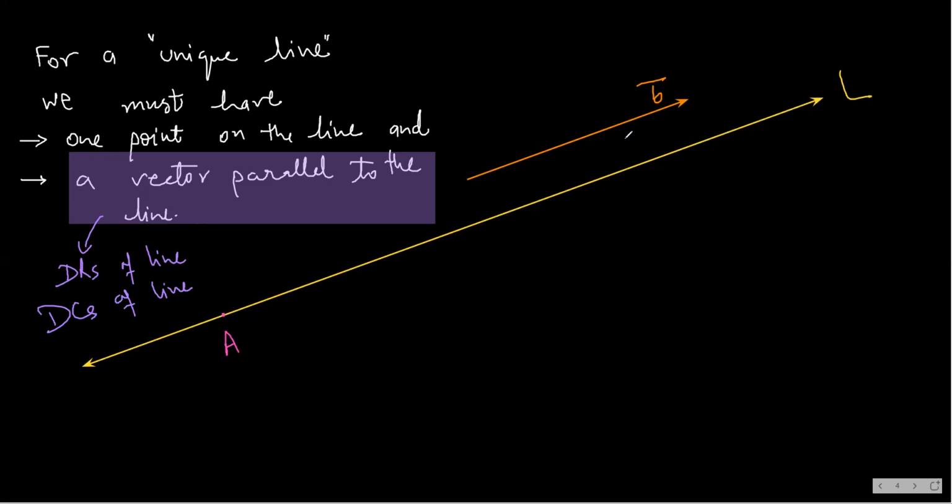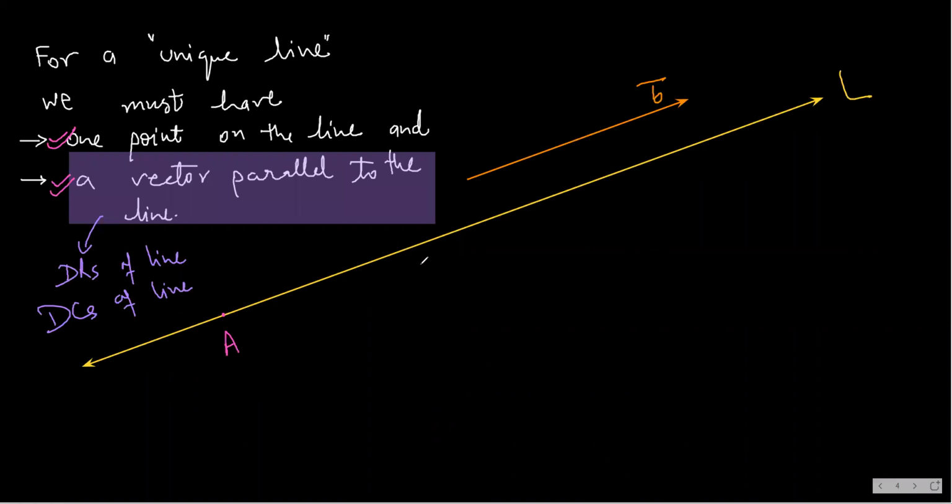I can have infinite lines parallel to b bar, but only when I have this point do I understand that the line is passing through this point. So this is the line. I need one point on the line and the direction of the line.